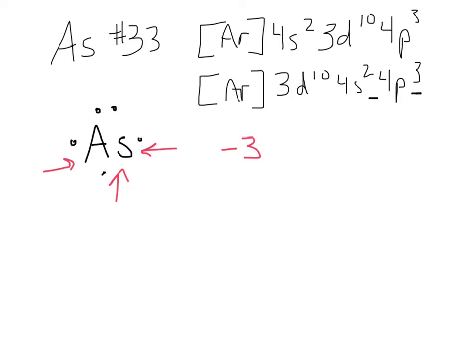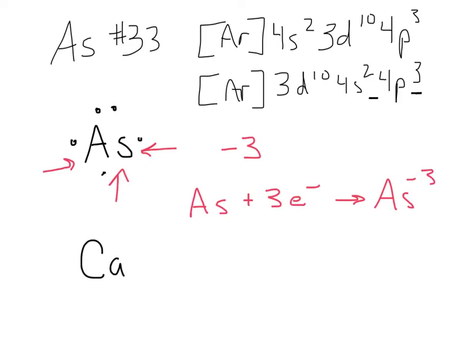We can write it a couple different ways. So it would gain 3 electrons. So we could write arsenic will gain or add 3 electrons and become As -3. Now we could also do that with any other element. Say that we wanted to do calcium.